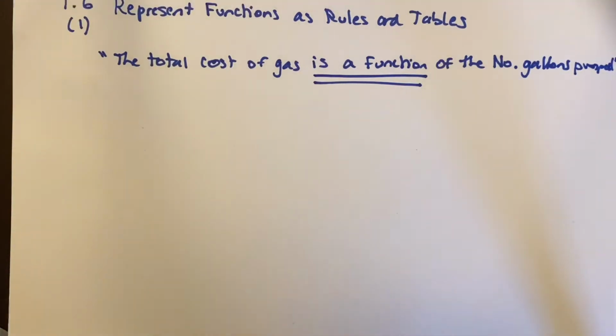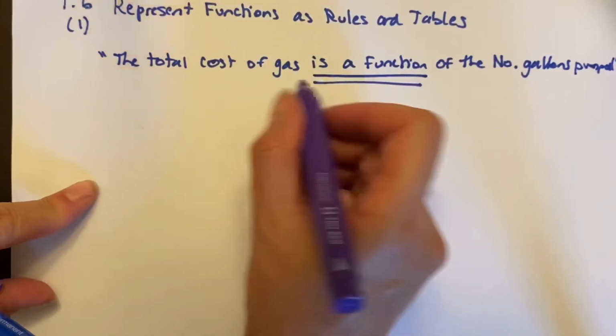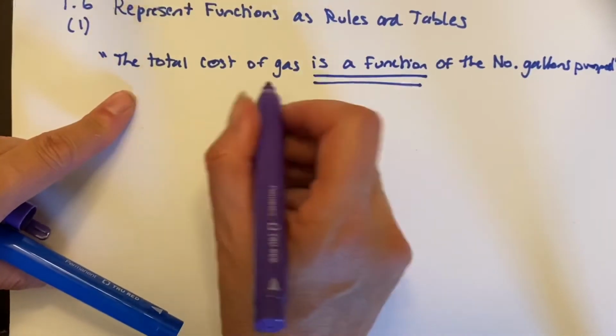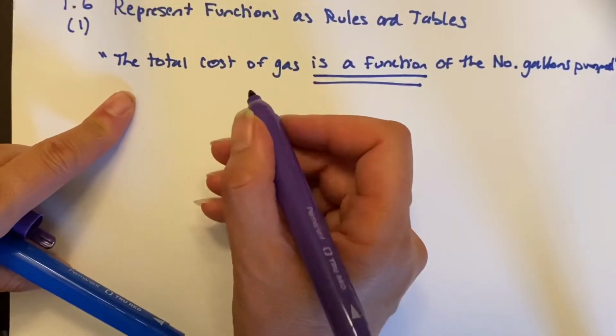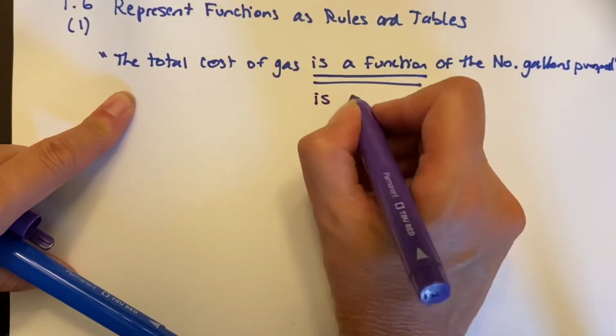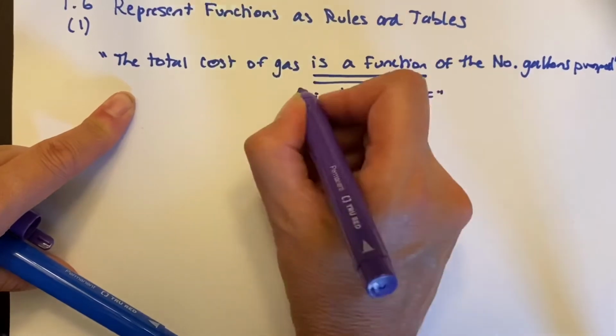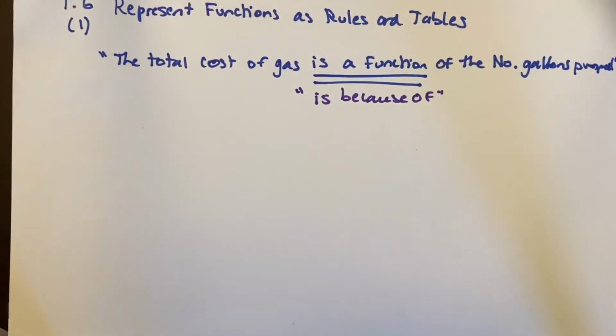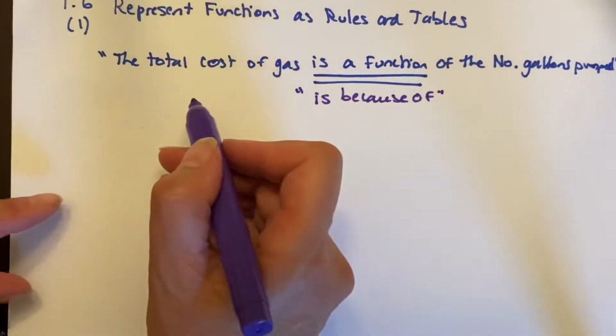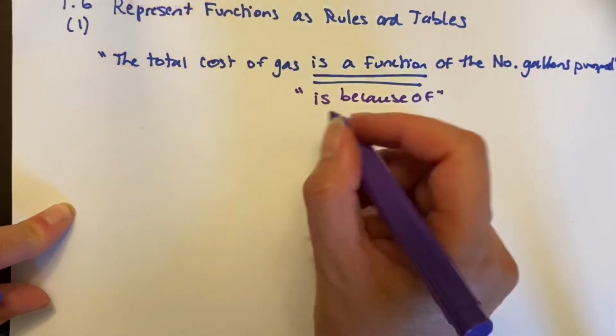Okay, "is a function" has some synonyms. So what would you say if you're pumping gas and you're putting gas in your car? The total cost of gas is because of the number of gallons pumped, right? The cost is higher if the number of gallons is higher.